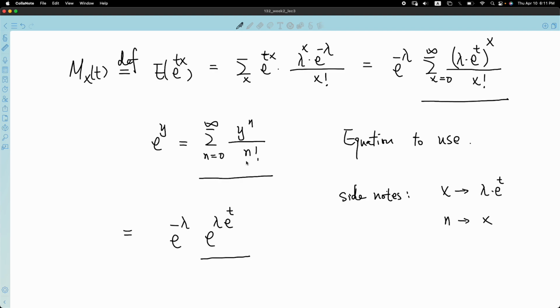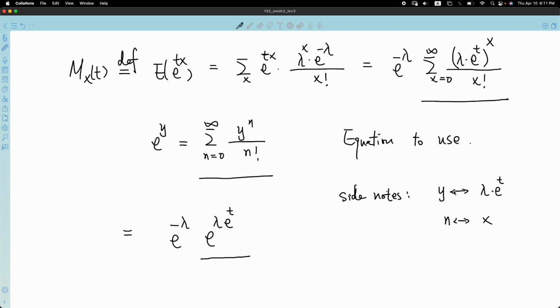y raised to the power of n over n factorial. And then I'm going to set this part, I'm going to call y, and this I'm going to call x to n.